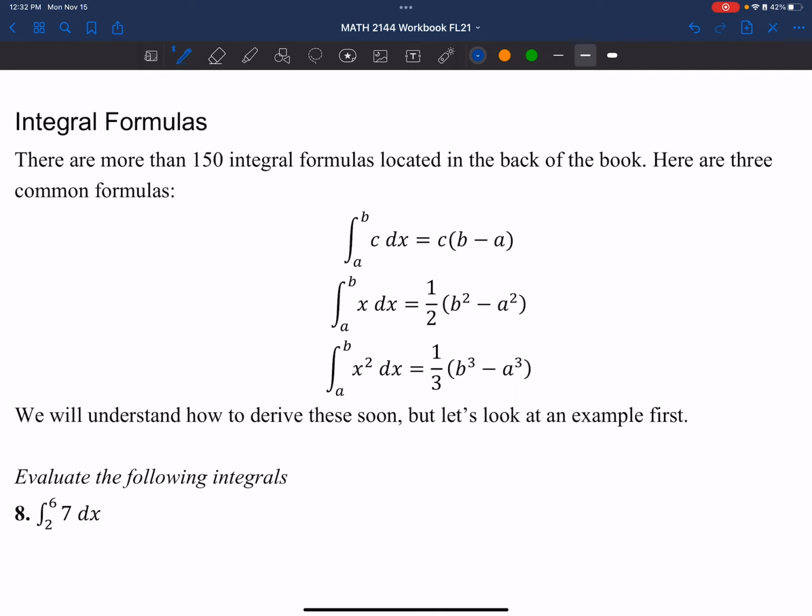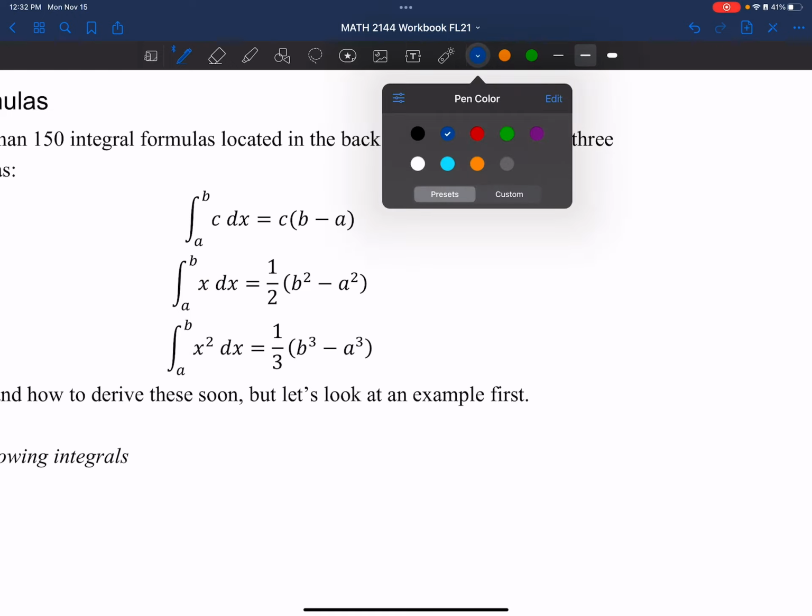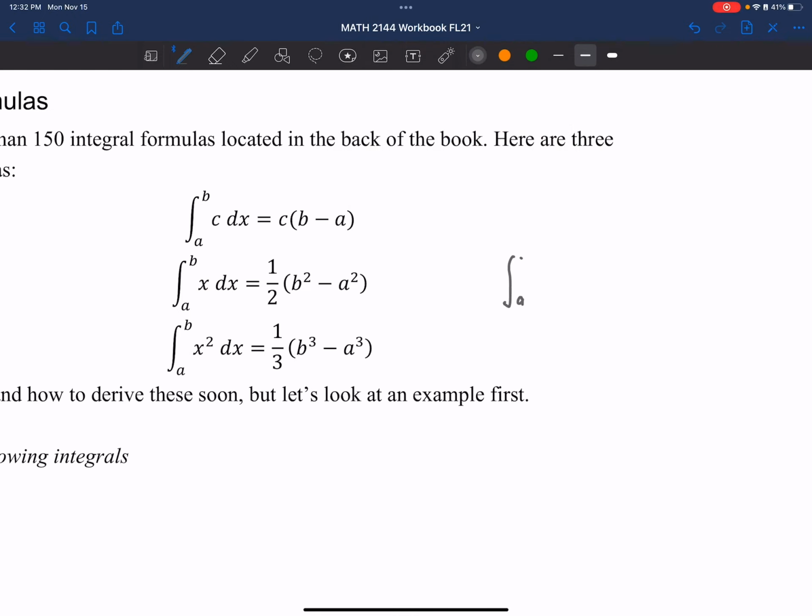Okay, let me say this. You have to memorize these, but you shouldn't have to. Because I'm hoping that you're noticing, and we'll look at this in the next section, if we were to consider the indefinite integral of x dx, this is going to be 1/2 x squared plus c.